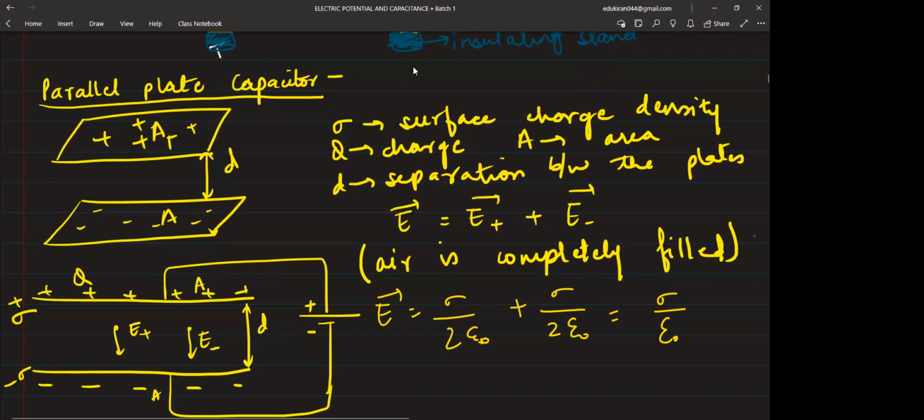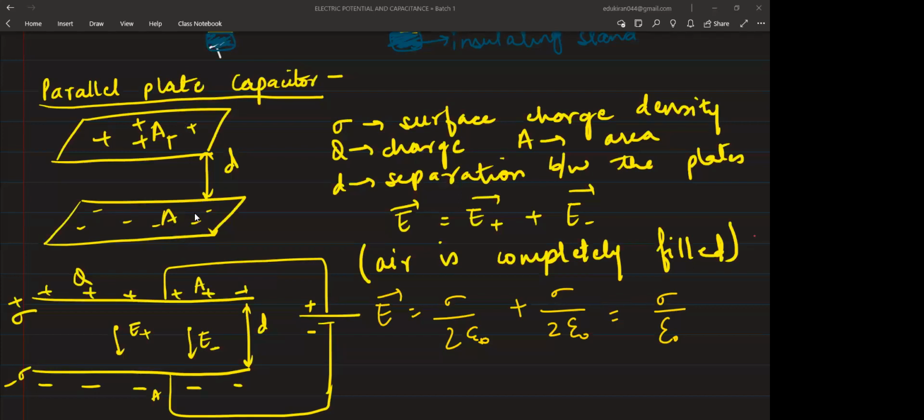Now we are starting with the parallel plate capacitor. The first case is when two plates are present and in between them air is filling the space. You have the surface charge density as sigma, the charge on each plate is Q, the area is A, and D is the separation between the plates. Electric field due to the first plate is sigma by 2 epsilon naught.